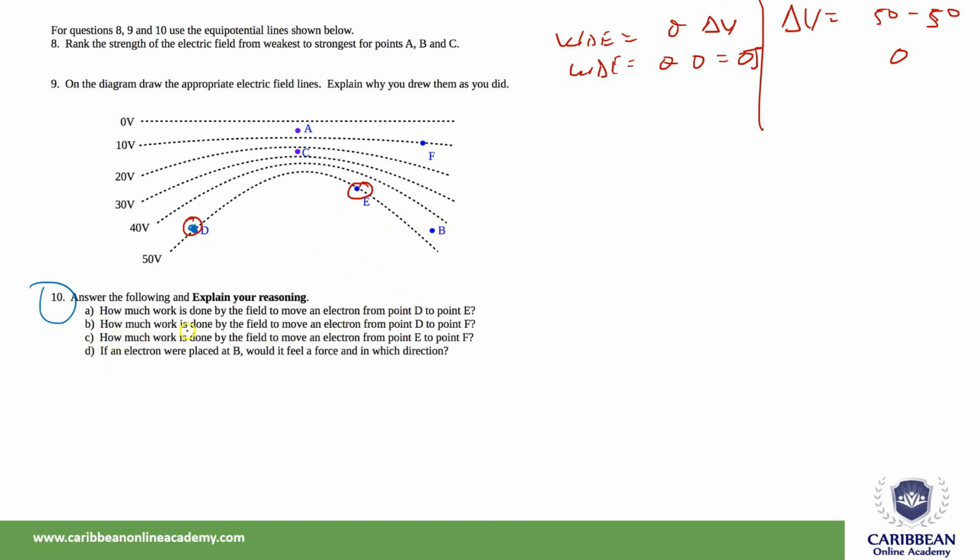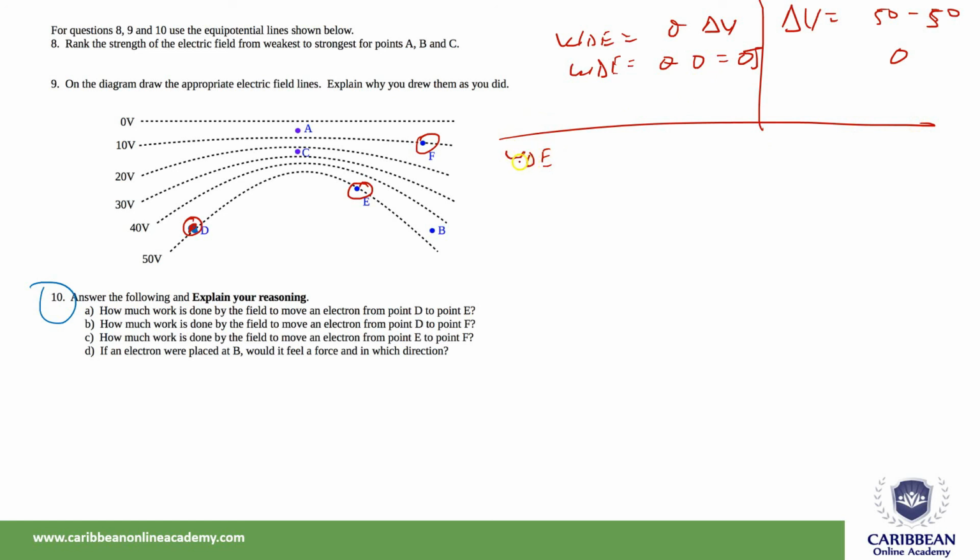Now the next question says how much work is done by the field to move an electron from point D to point F. We can actually work that out. I want you to understand something.